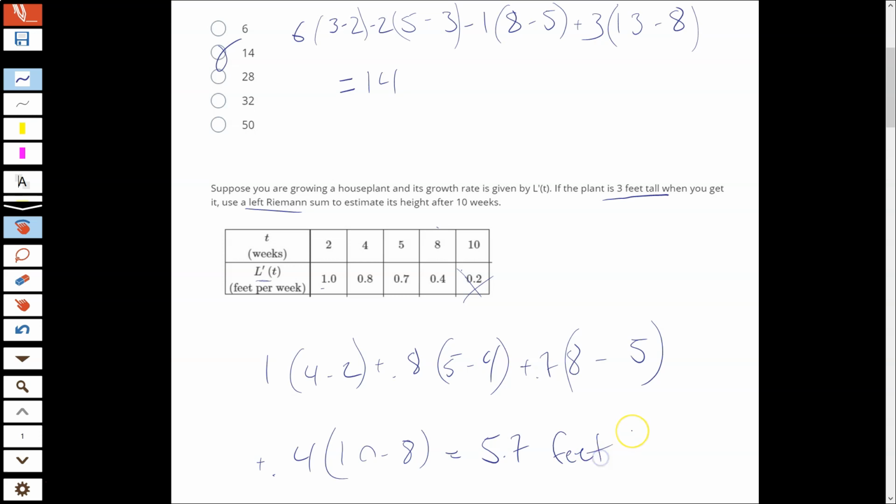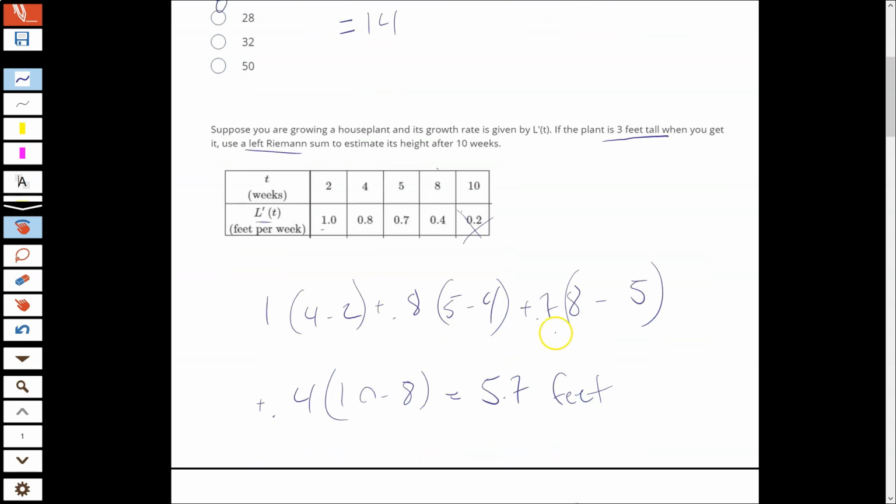Okay. Now the temptation, and I bet some of you did this, the temptation is to say the plant is 5.7 feet tall. But this is not the height of the plant. This number, and this is an important understanding that I'm trying to develop for you guys, this number is an estimate of the total growth from week 2 to week 10.